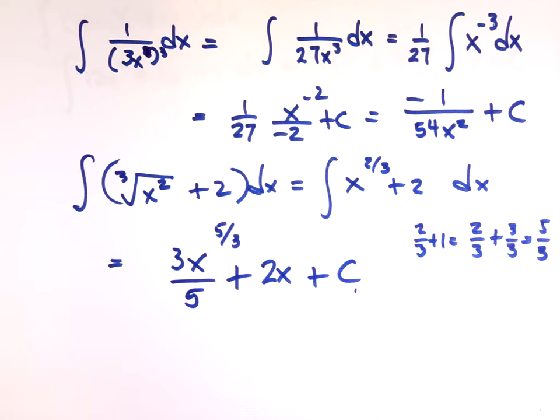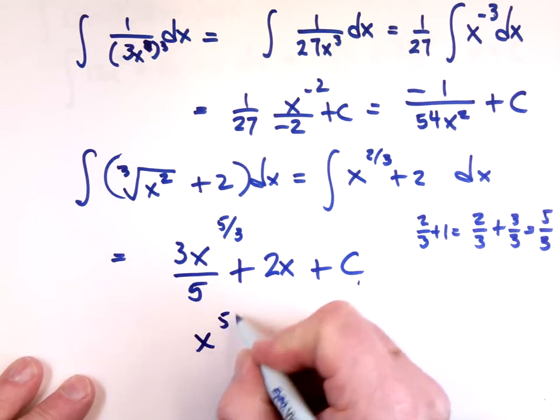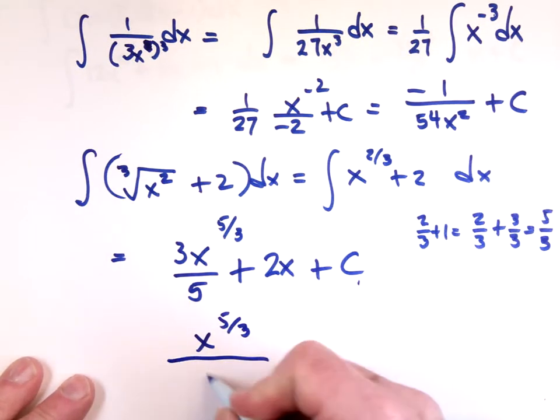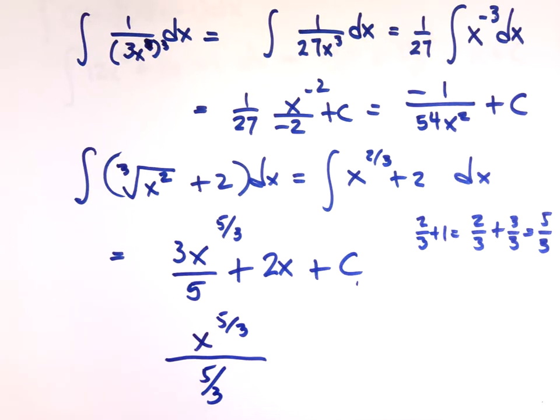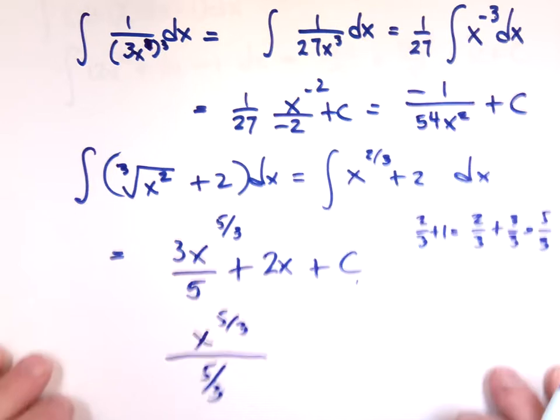I had the 5 on the bottom and the 3 on the side. I just put the fraction at the bottom. Okay, so you wrote it x to the 5/3 divided by 5/3? Yeah. And they took it? Yeah. All right, I'm a little surprised, because that is definitely not the best form for that fraction. But they took it.